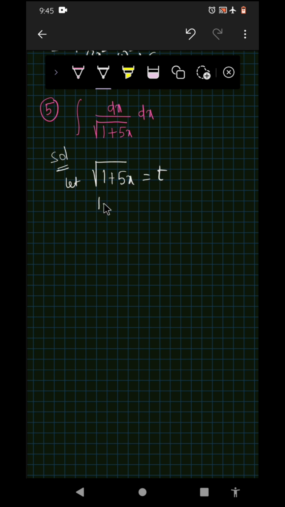So now 1 plus 5x is equal to t square, and derivative on both sides with respect to x, that means apply d by dx on both sides. You get d by dx of 1 plus 5x is equal to d of t square by dx.